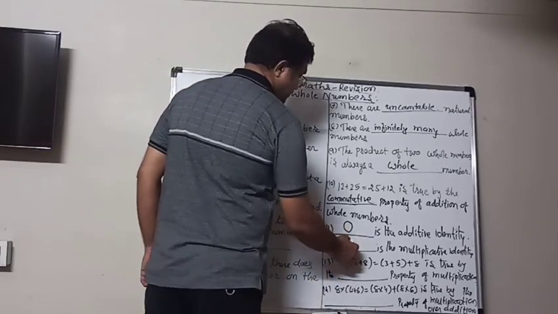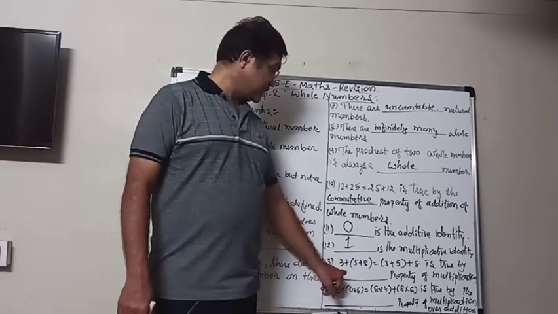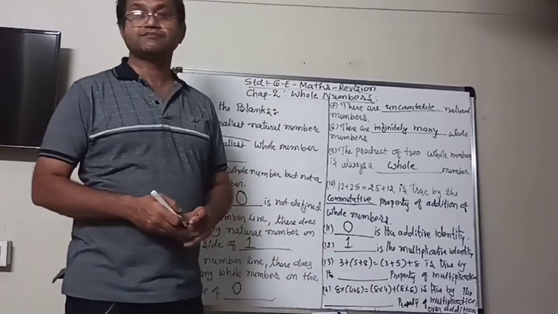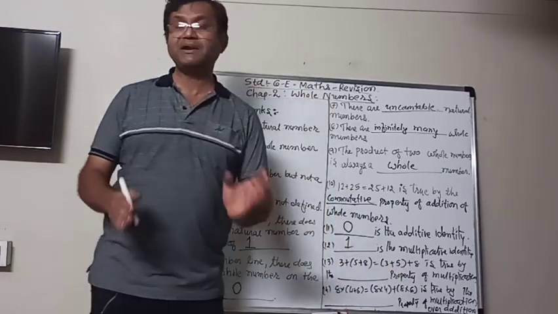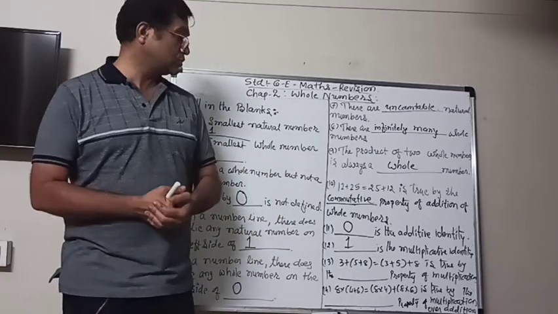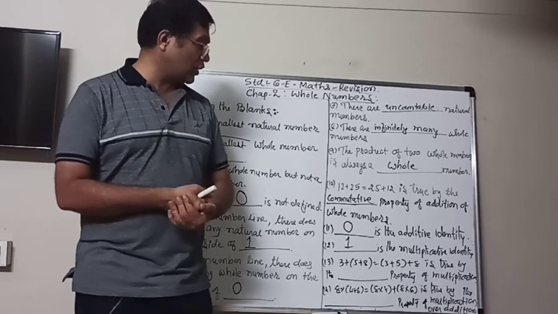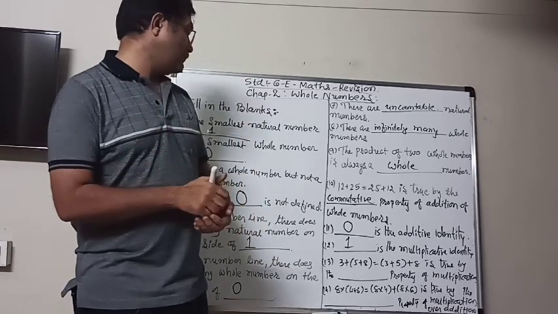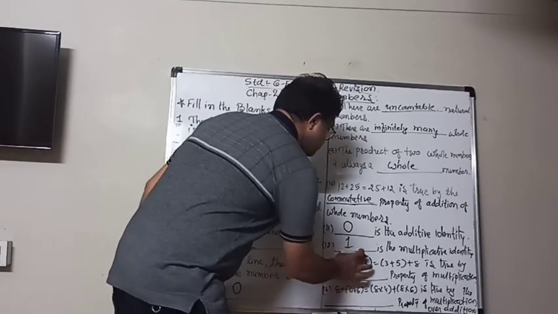So the answer is 1. Now, 3 plus (5 plus 8) is equal to (3 plus 5) plus 8 is true by the blank property of multiplication. Then it should be multiplication here.